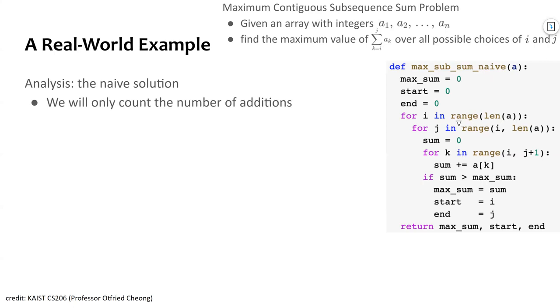So we are not going to care about looping through A, i, and j. We do not care about these operations. We only count the number of additions because this operation takes most of the time, and the assigning operations do not take much time. So this one is the major one. So we only care about the addition, all right?